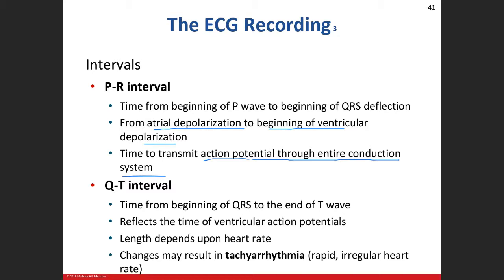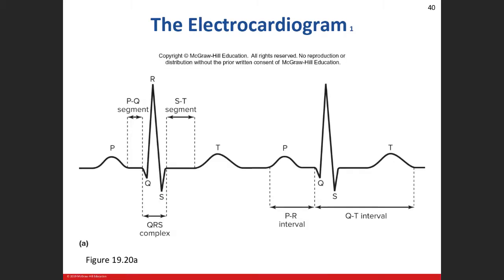All right, the QT interval. Here's the QT interval. It starts at the beginning of the QRS complex and goes all the way to the end of our T wave. So that's going to include ventricular depolarization all the way to ventricular repolarization.